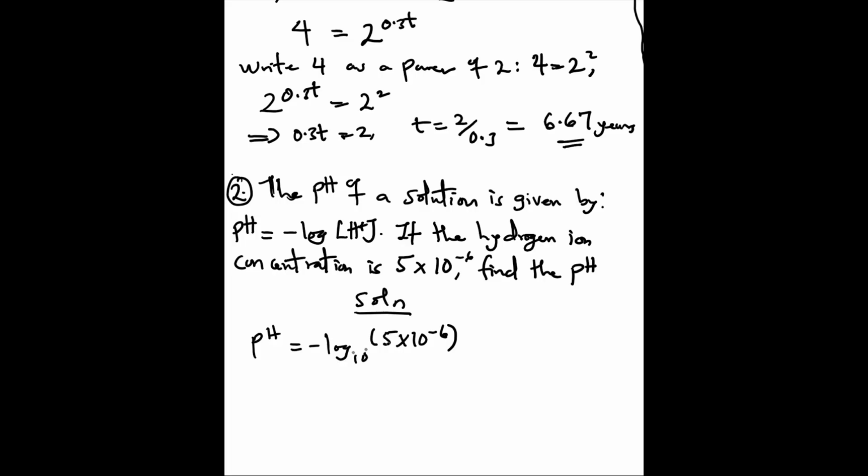Okay, so by using the product rule of logarithm, we are going to split these into two parts. So we can write log base 10 of 5 times 10 raised to the power minus 6 as log 5 base 10 plus log 10 raised to the power minus 6 base 10.